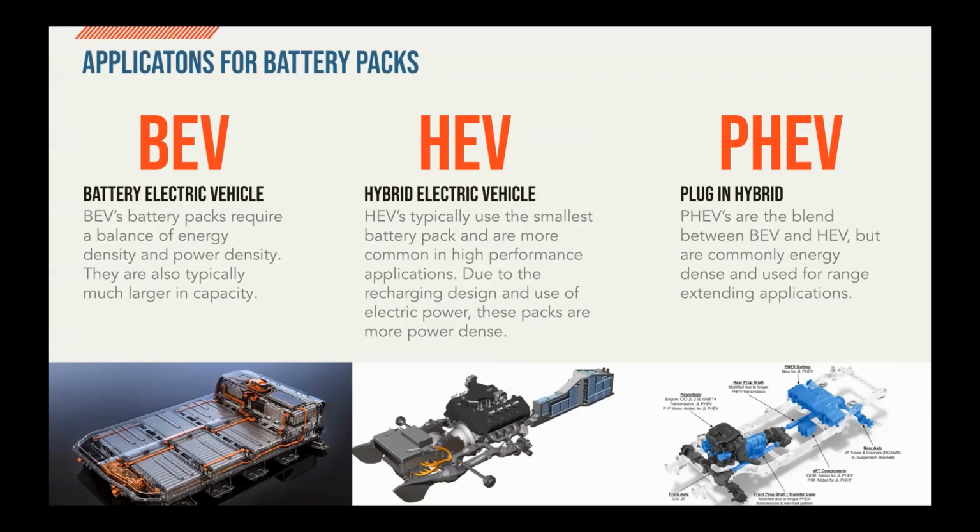The battery packs require a much more advanced system, because the vehicle relies completely, 100%, on the battery pack, and a lot of times there's a very delicate balance between power and energy density, depending on the use and the vehicle platform.